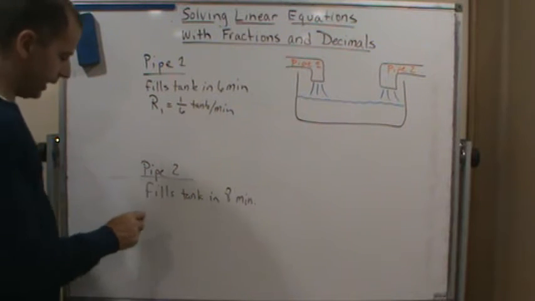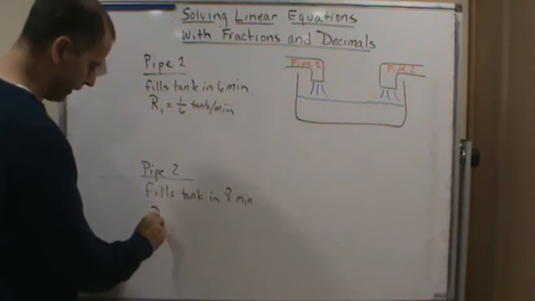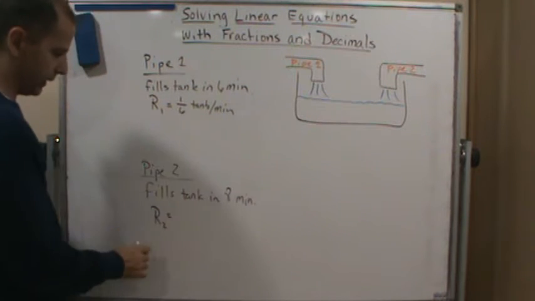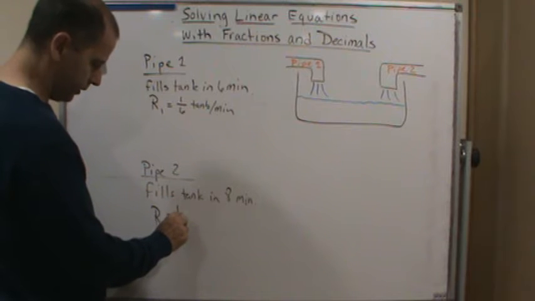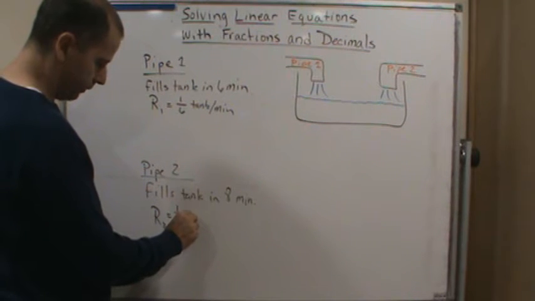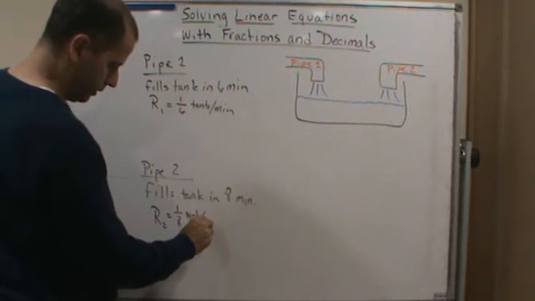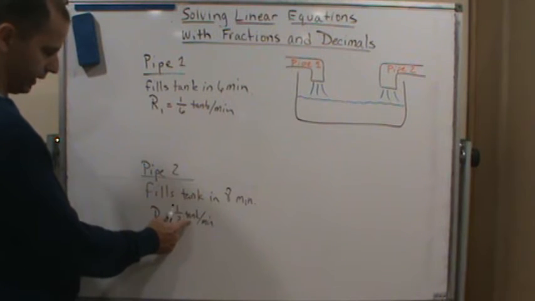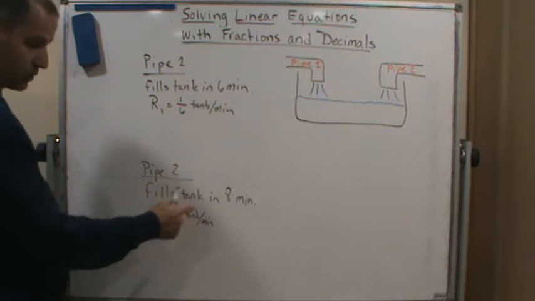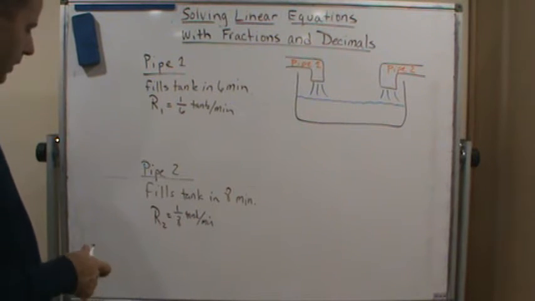And based on this information, rate 2 is going to be 1/8 of the tank per minute, because after 8 minutes, 8 times 1/8 is 1. You'll have one whole tank filled.